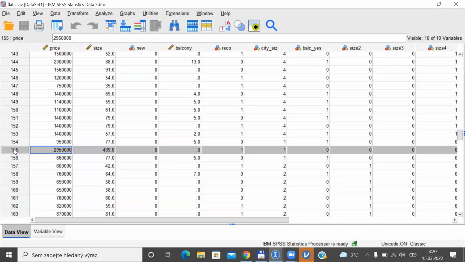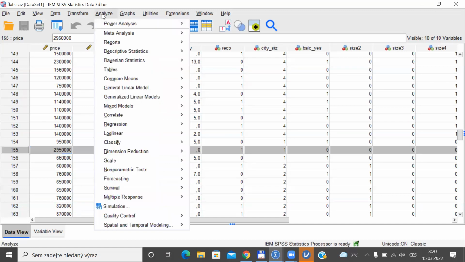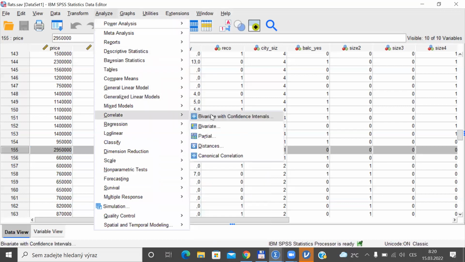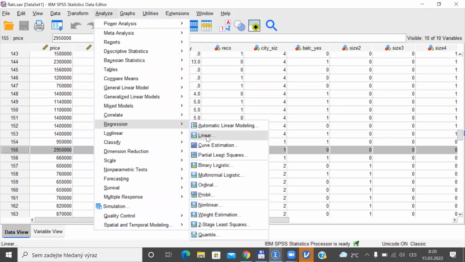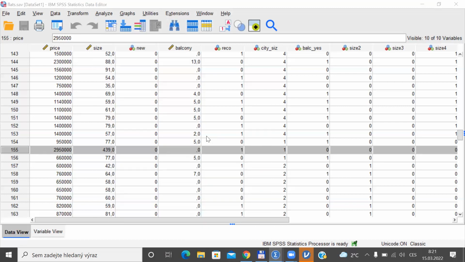So if I would like to detect influentials in SPSS, I would need to visit Analyze, Regression, and Dialog for linear regression, which should be the second one also on your computers. So I can click into linear.